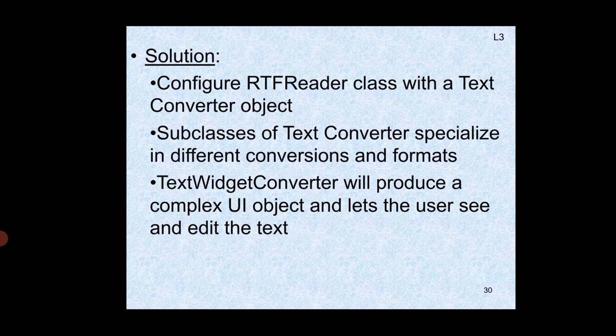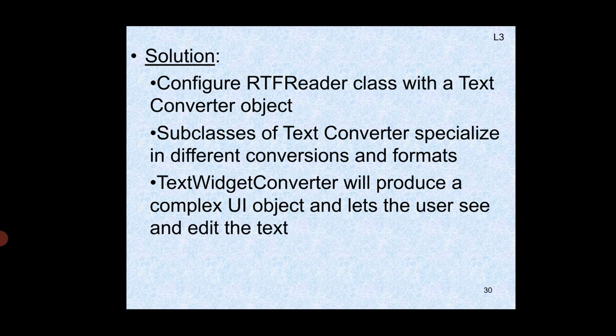Whenever the RTF reader recognizes an RTF token, either plain text or an RTF control word, it makes a request to the text converter, which takes it as a token.